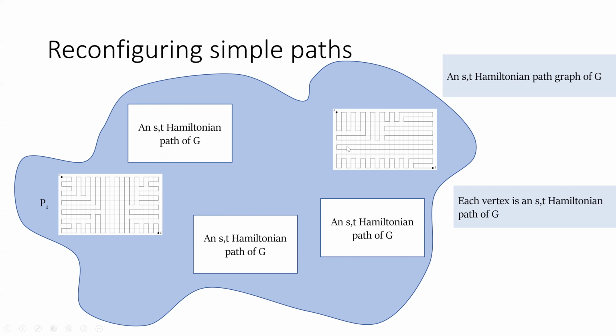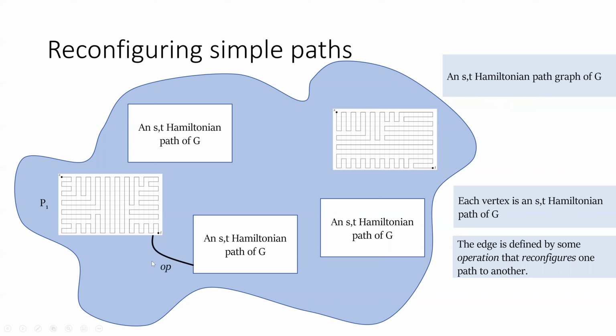And P1 and P2 are the two paths that we have seen before. These are simple, but the other ST Hamiltonian paths may not be simple. And the edge of this graph would be defined by an operation that we define, and an application of that operation would reconfigure one Hamiltonian path to another.